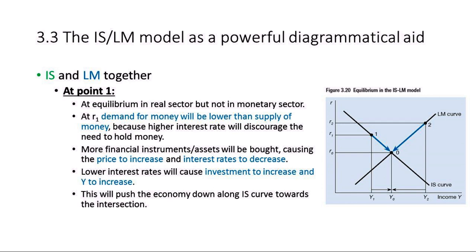So interest rates decrease along the LM curve, and at the same time, these lower interest rates cause investment to increase and output to increase, and there's a movement along the IS curve to an equilibrium point at point 0, where the interest rate is now at R0 and the equilibrium income level is at Y0, and there both the real sector and the monetary sector are in equilibrium at the same time.